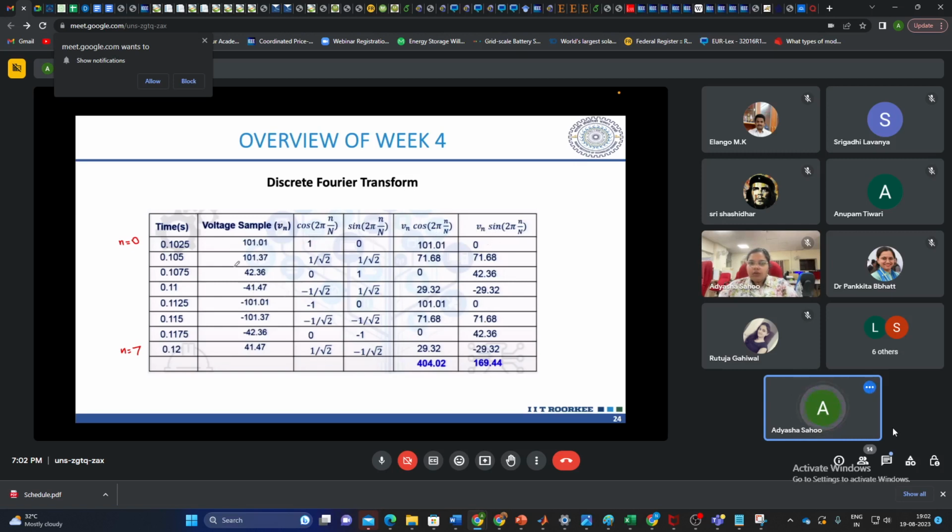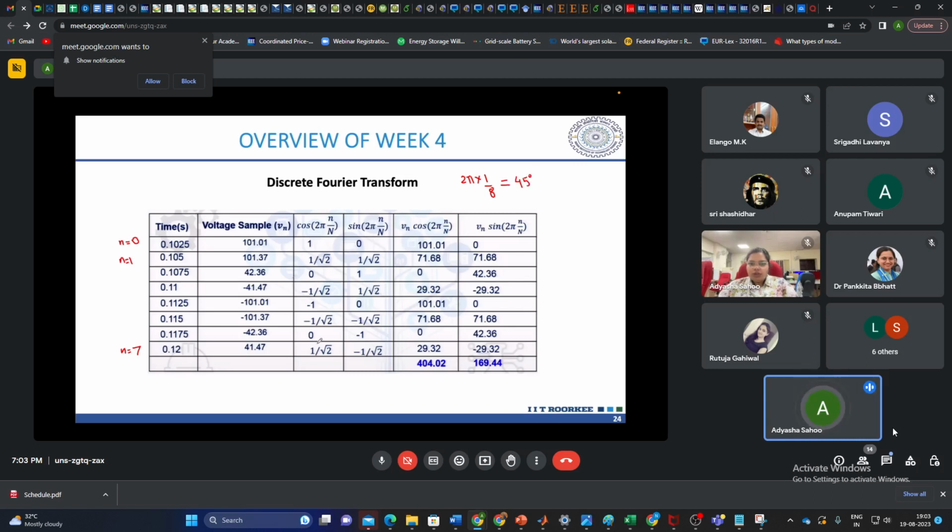And then here we'll put n equal to 1. If we put n equal to 1, we get 2 pi into 1 upon 8, basically pi by 4 or 45 degrees. So sine and cos will both be equal to 1 upon root 2.